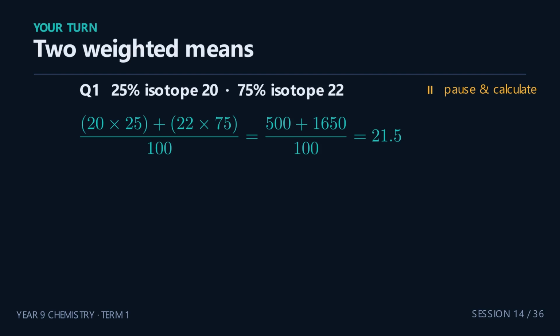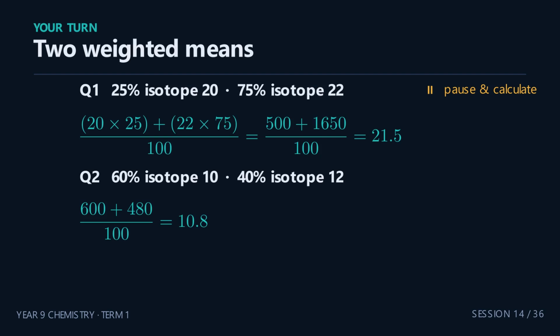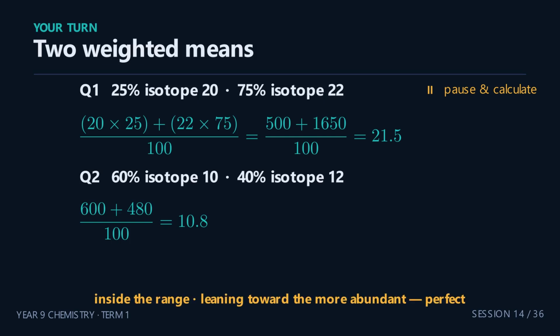Divide by 100, 21.5. Second, 60% isotope 10, 40% isotope 12. Pause again. 600 plus 480 is 1,080, so 10.8. Both answers sit inside their ranges, closer to the more abundant isotope. Perfect.